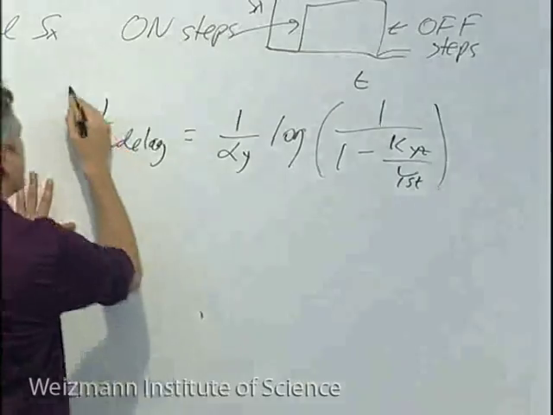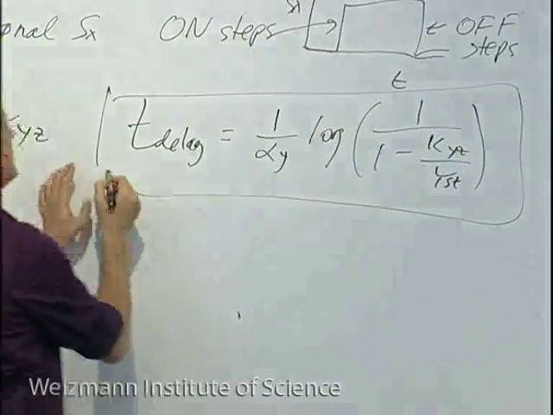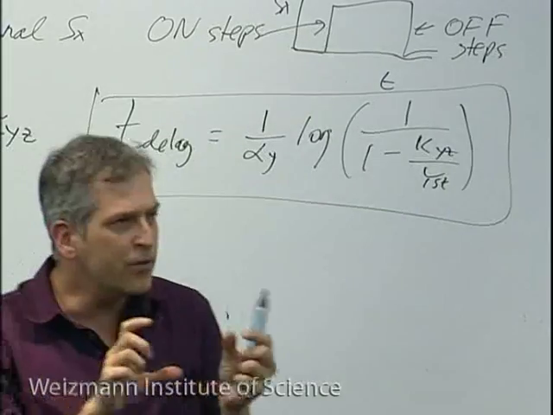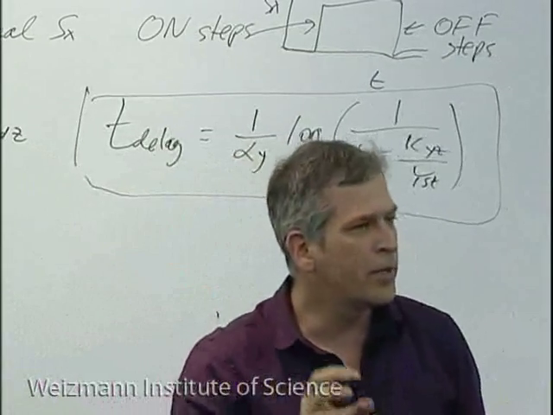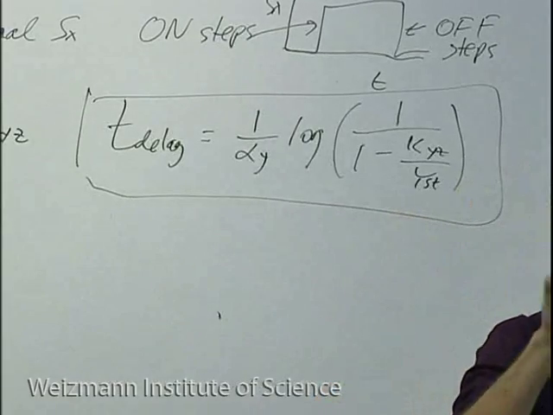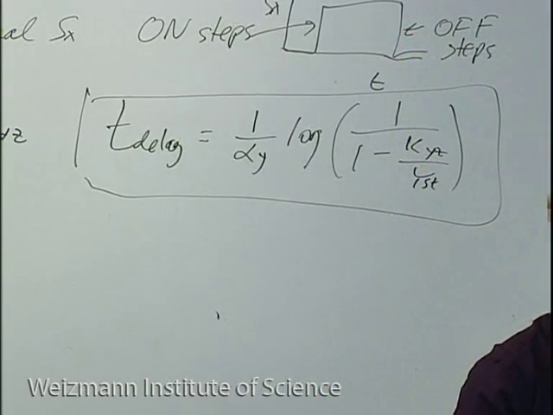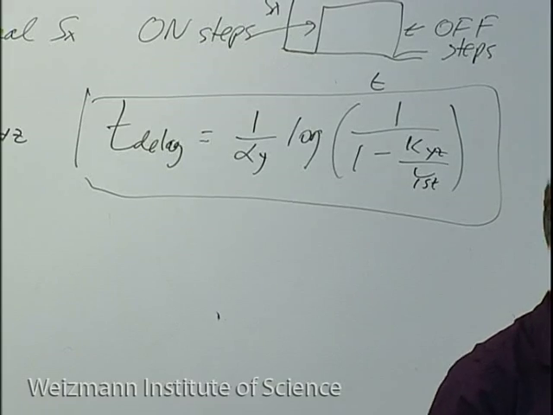The point I want to make is that this delay can be tuned by evolution by playing with any of the parameters of protein Y, by playing with its threshold K_YZ, by playing with its steady state level, or with its removal rate alpha_Y. You can tune this delay.